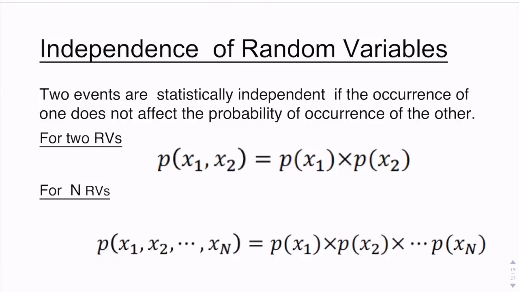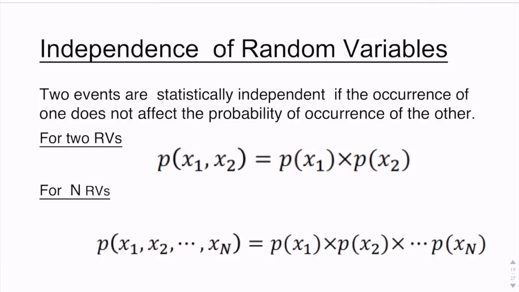Ideally, you want each of these random variables to be independent from each other. That means if you're collecting attributes for a prediction problem or an inference problem, you want attributes or features that are as independent as possible.